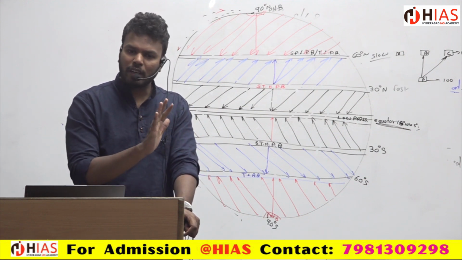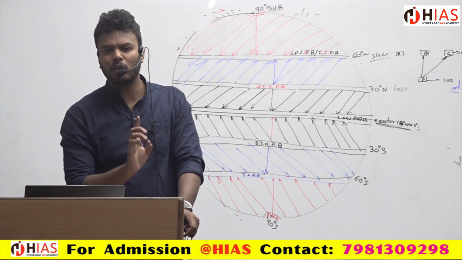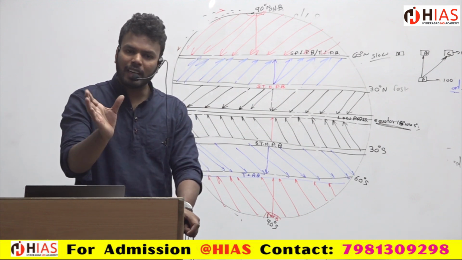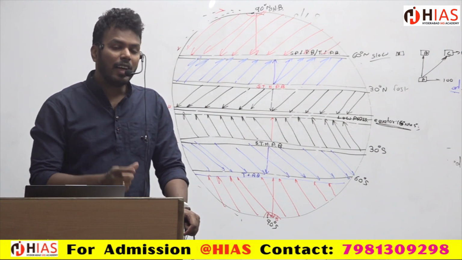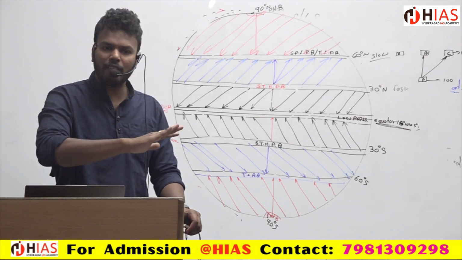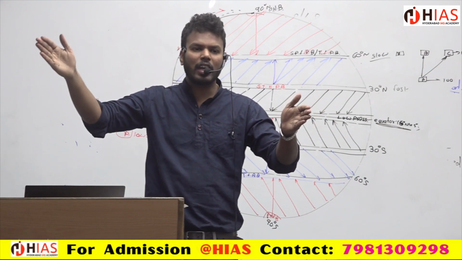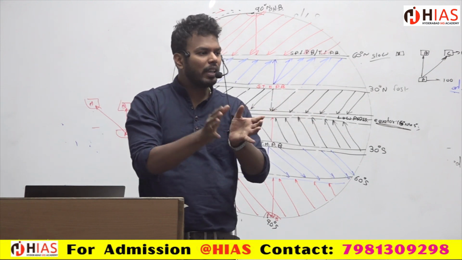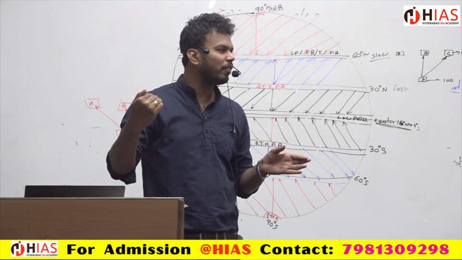Whatever the matter, if there is a pressure difference, maybe 1 MB also, the wind will move. But the greater the difference, the more the speed of the wind. The lesser the difference, the less the speed of the wind. The travelling will be the same. This is the high pressure, this is the low pressure. Wind will travel from high pressure to low pressure. But if there is more difference, obviously the pressure difference will be there.